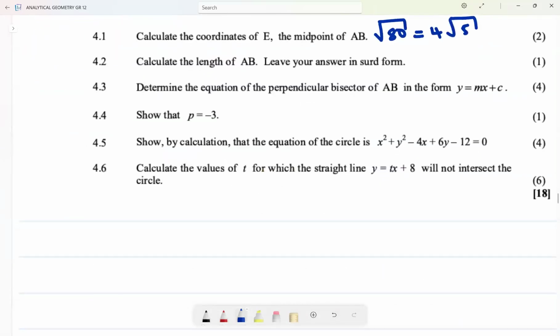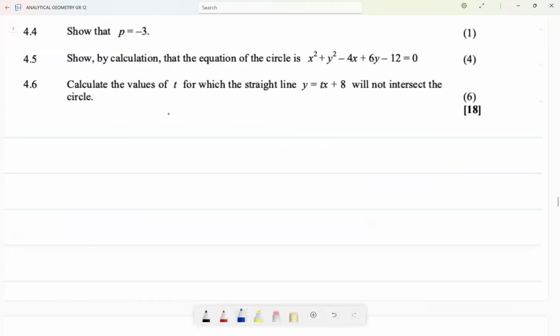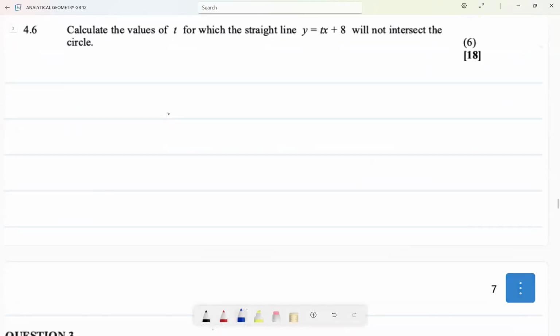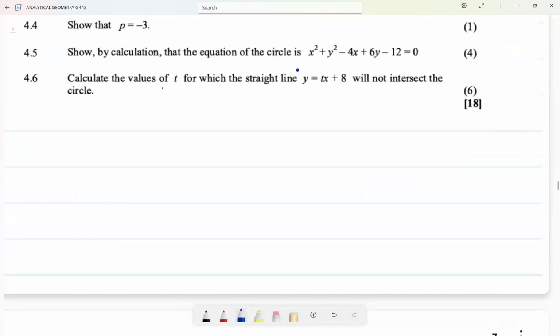Calculate the values of t such that the straight line will not intersect the circle.